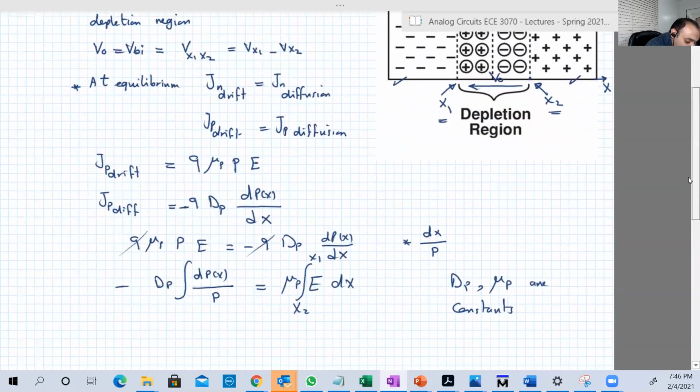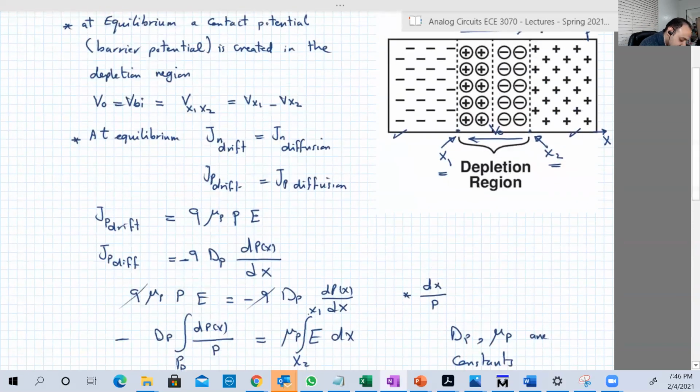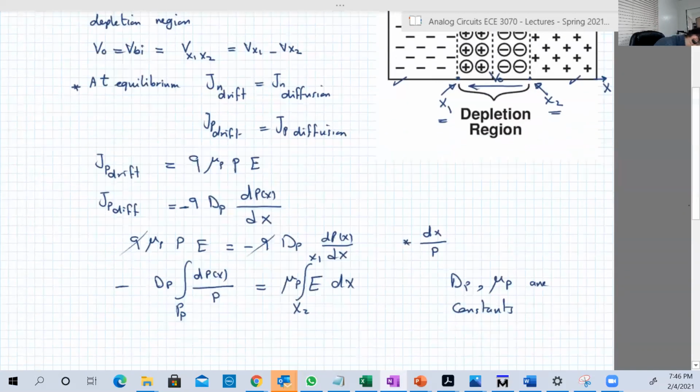So at x2, the density of the holes is Pp. And what is the density of holes at x1, the other limit of the integral? Remember, x1 belongs to the N type region. So it's a minority there, which is Pn.